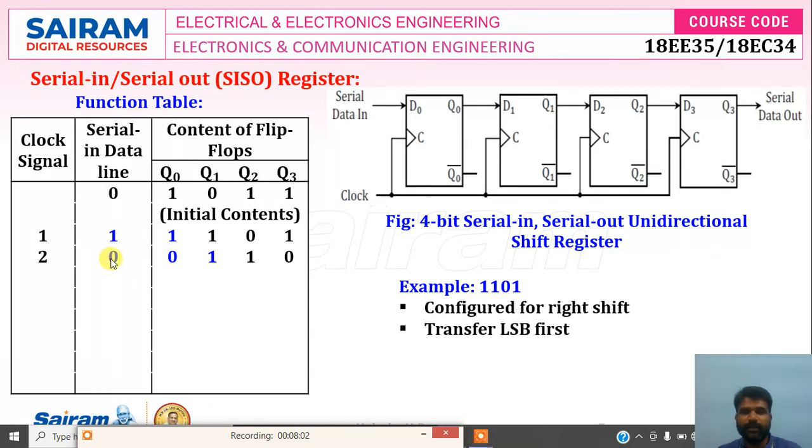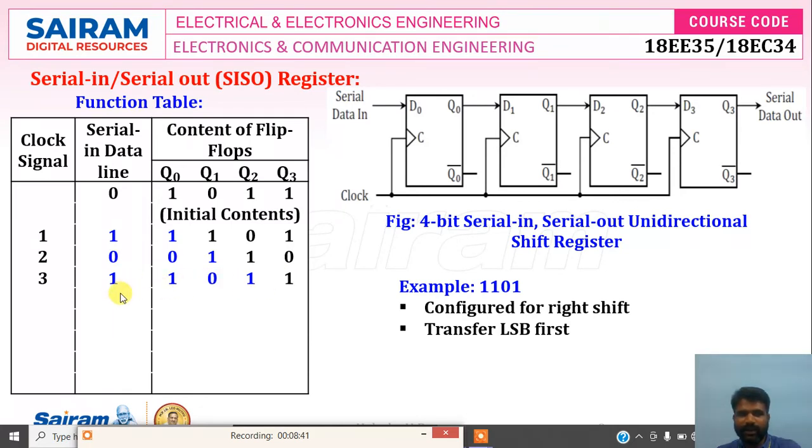When the clock pulse occurs, that 0 will be loaded into Q0, and the Q0 value shifted to Q1, Q1 shifted to Q2, Q2 shifted to Q3, and the previous value of Q3 is out. Clear? And the next bit to be loaded is 1. So we set 1 on the serial data in line, and that 1 will be loaded to Q0, and the Q0 value shifted to Q1, Q1 shifted to Q2, and Q2 shifted to Q3.